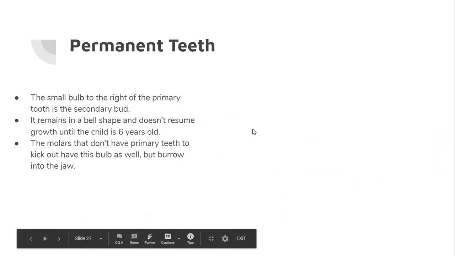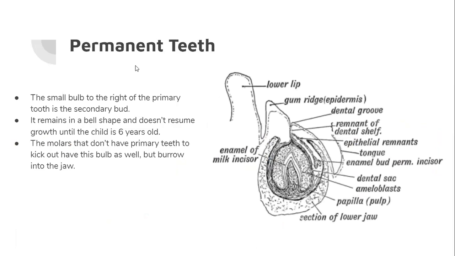So with our permanent teeth, we have our bell-shaped curve right here, and it's actually starting to form the enamel space there. This portion right here off to the side looks like a mini bud.